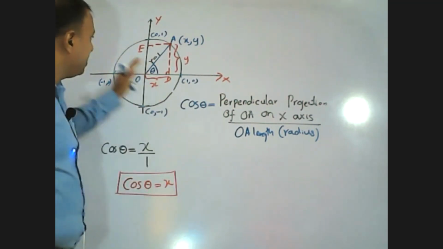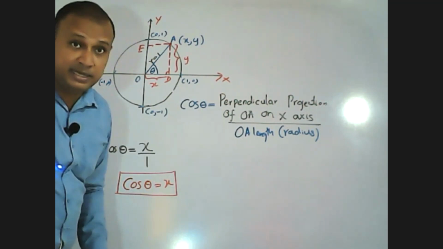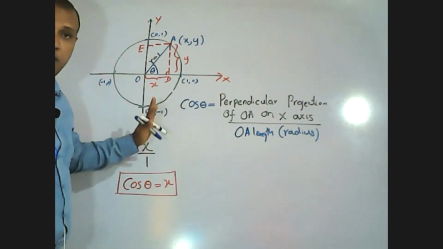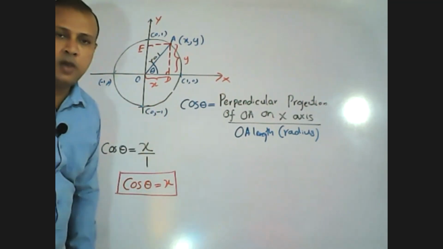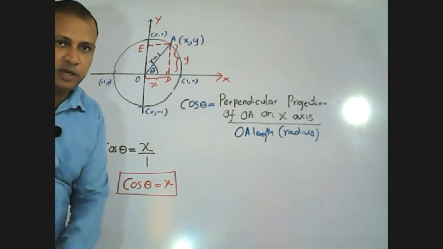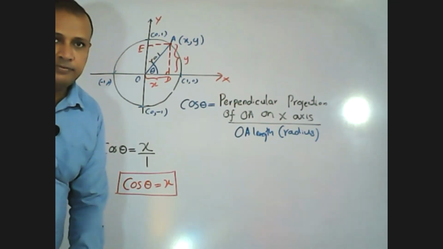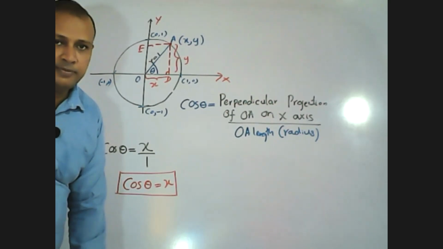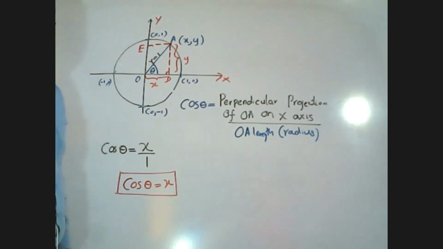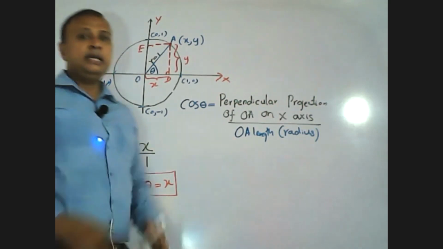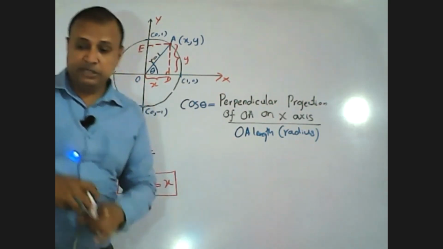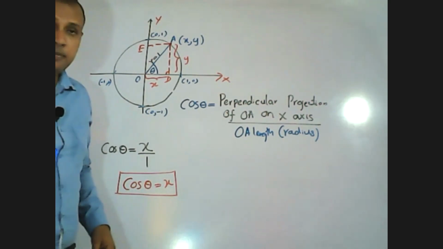I will explain why I use a unit circle for this one. Up to now, do you understand? Everyone, I need you to respond. Thank you. Okay. That is the definition.